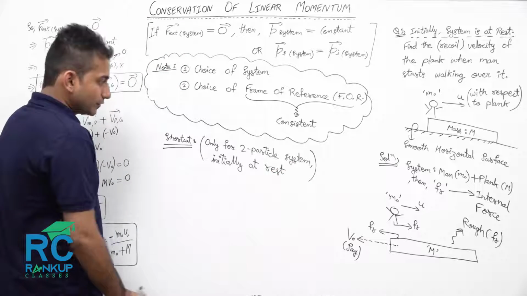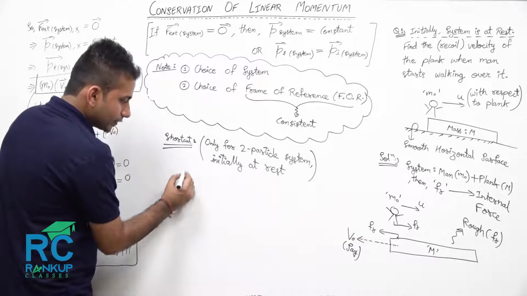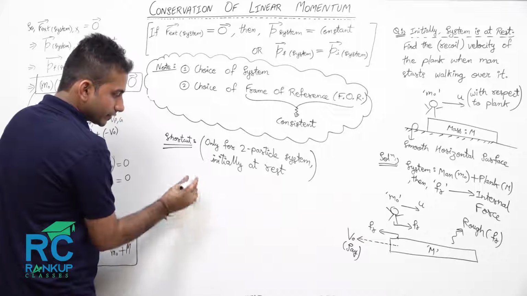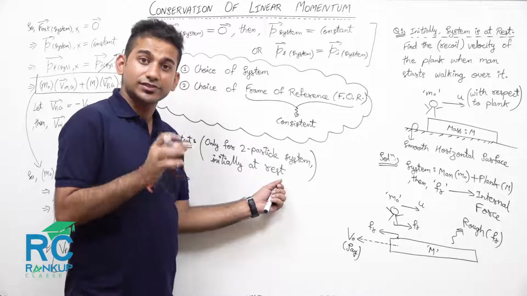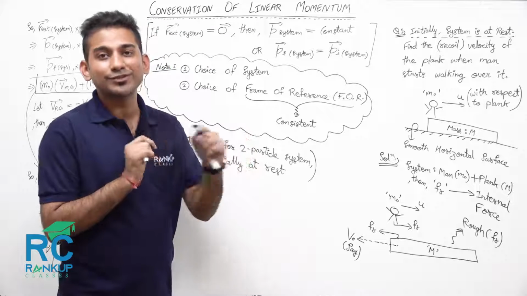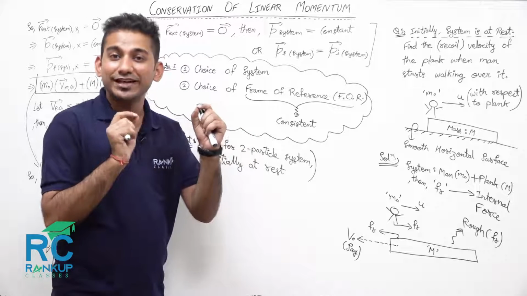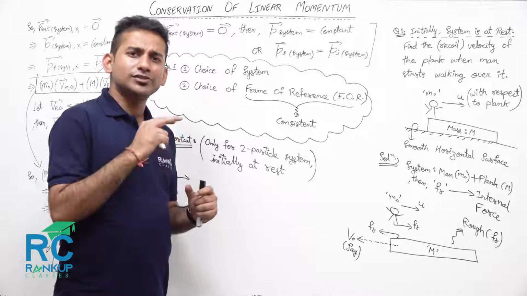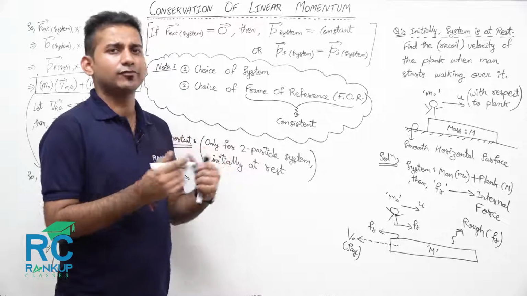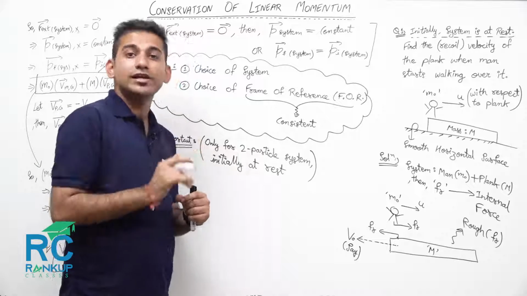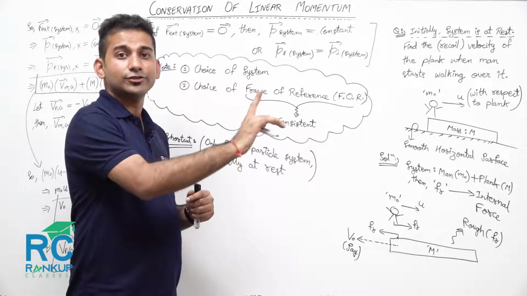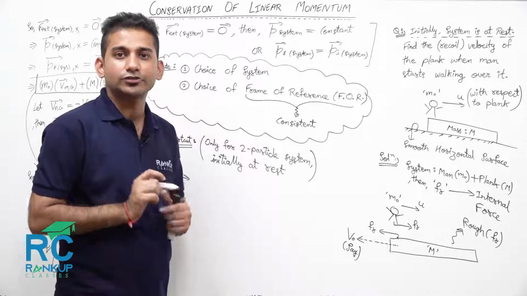Fine. So the first thing which we can say is that if the system is initially at rest, both the particles of the two-particle system must be at individual rest. Now one starts moving over the other with a certain relative velocity, let's call it u relative. Then absolutely one will be moving in the forward direction, and the other will be moving in the backward direction.